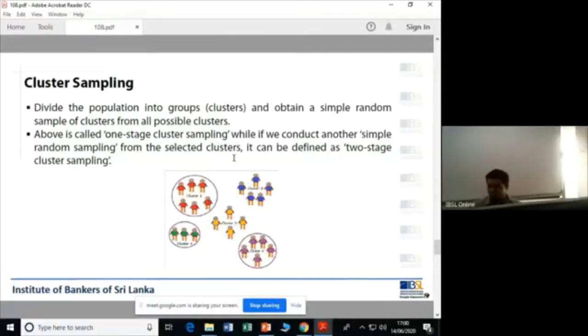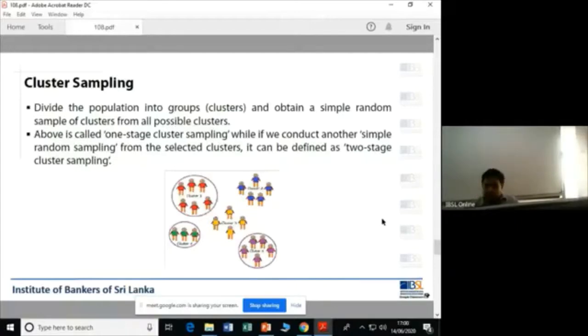But from those clusters, let's say in this given example, we have 5 t-shirt colors here, and we need to select 3. That is the first level. But for your final output, let's say you only need to study 2 clusters in this example. Now what are you going to do?